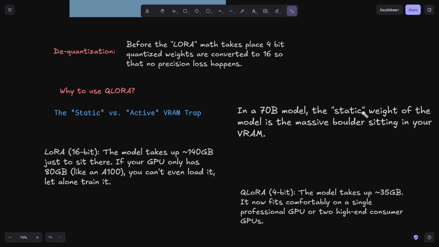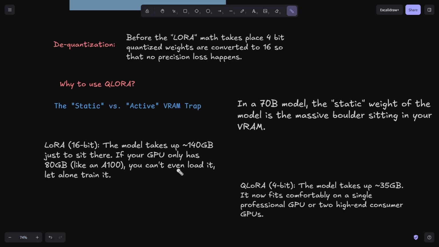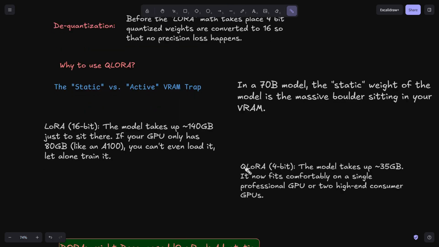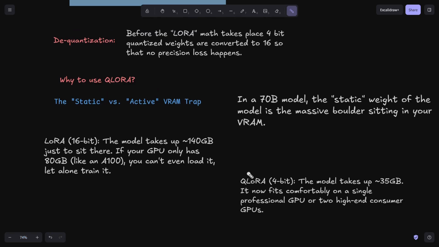So let's say you are using the LoRA technique or the 16-bit one. Your model would take about 140 GB of space in your VRAM just to sit there. So if your GPU has, let's say, 80 GB itself, you will not be able to load it. Forget about training. Whereas in QLoRA, firstly you downscale it to 4-bit.